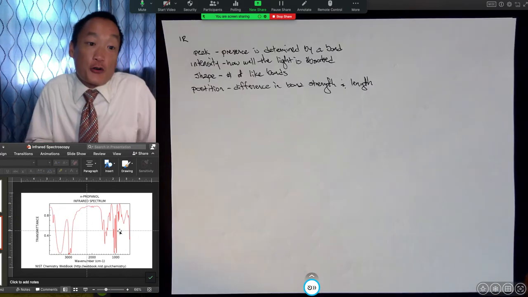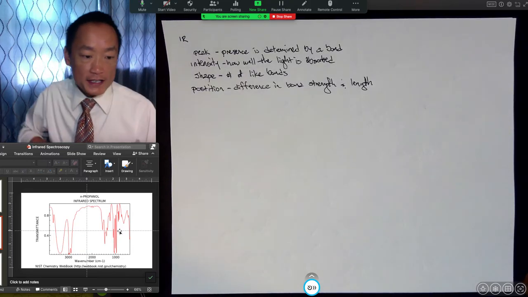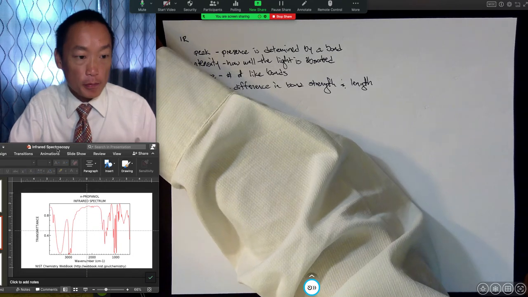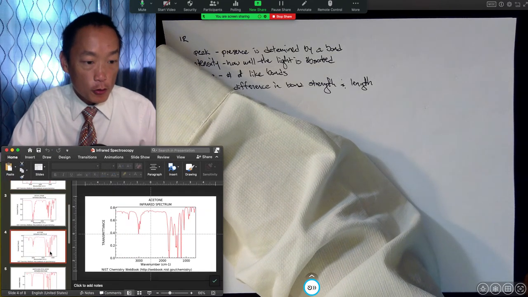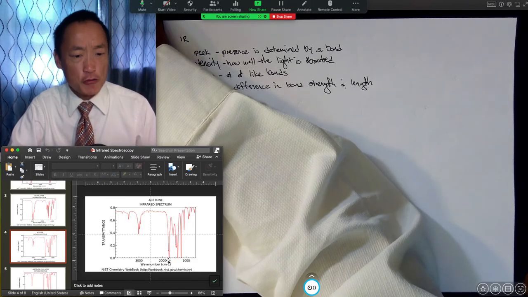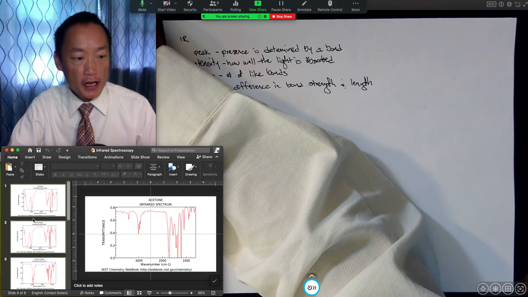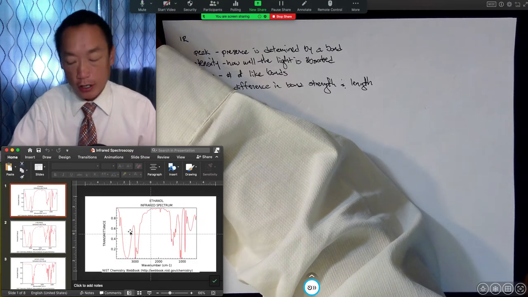I want to just go into a little bit more of a discussion on shape. Why is this peak right here really sharp? Or let's look at this. Okay, so here's acetone, fingernail polish remover. Why is this peak really, really sharp? And why is this peak really, really broad right here?